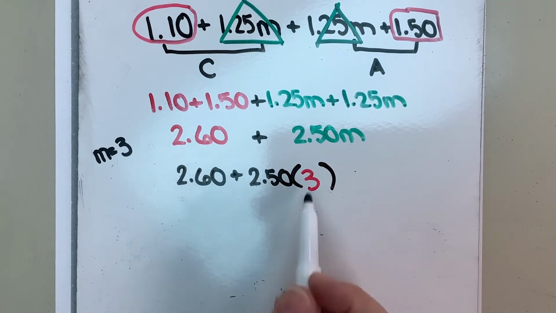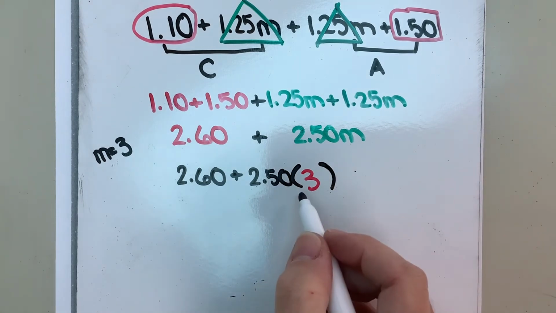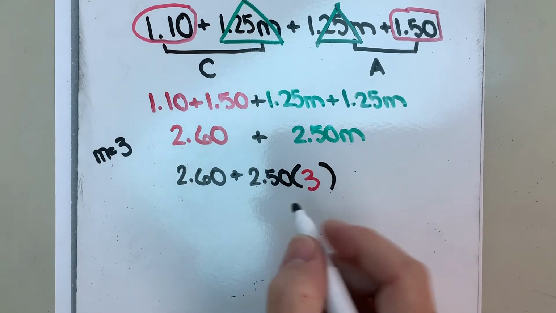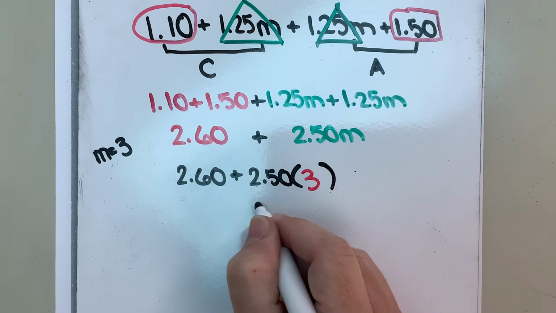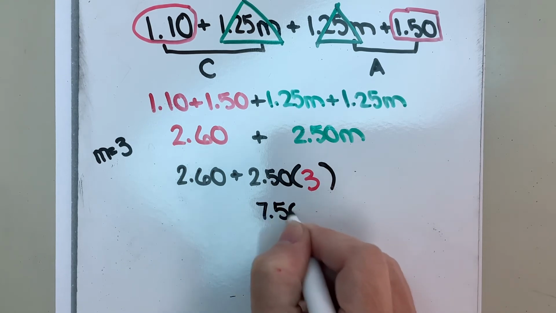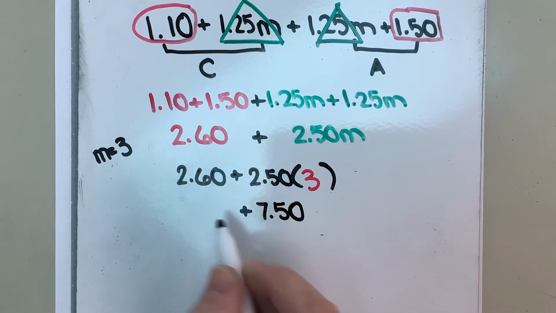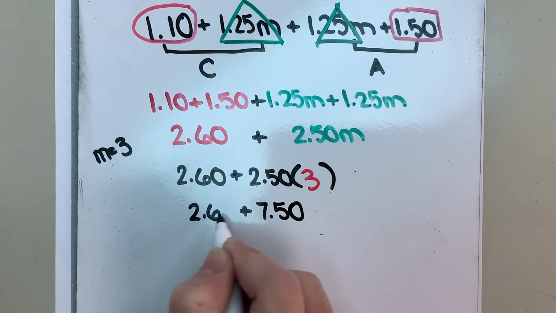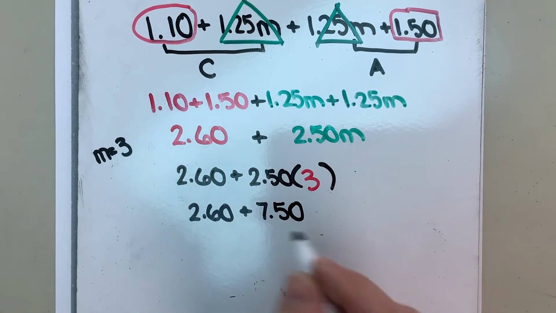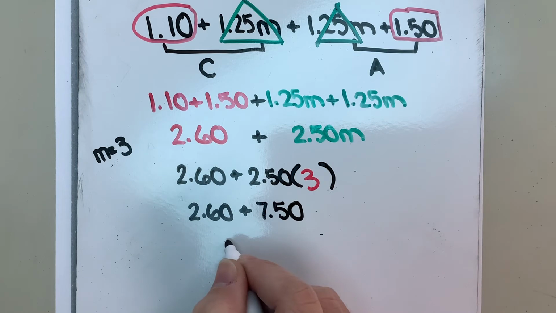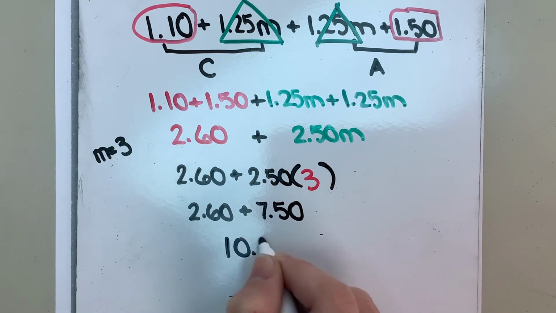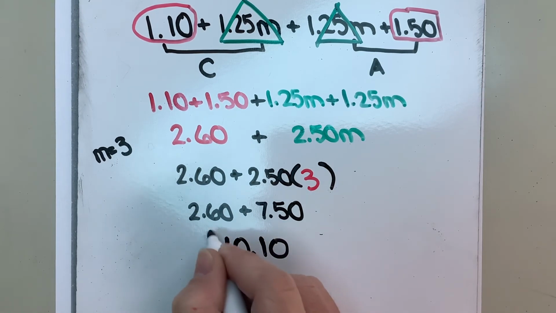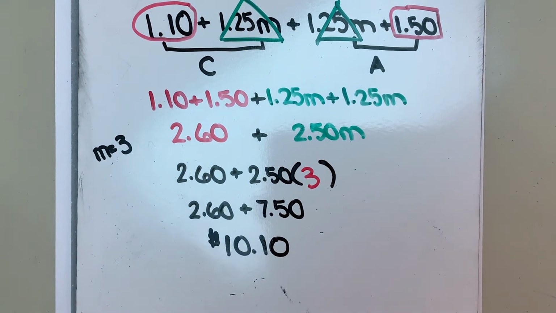So we're going to work this first. So when we work $2.50 times 3, that is $7.50, plus this $2.60 that didn't change. And when we add these together, we get $10.10. So we're able to combine quite a few of those operations to solve this problem.